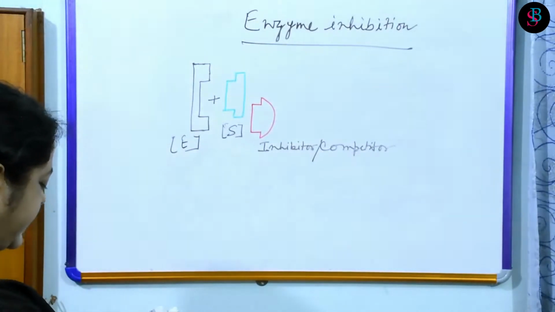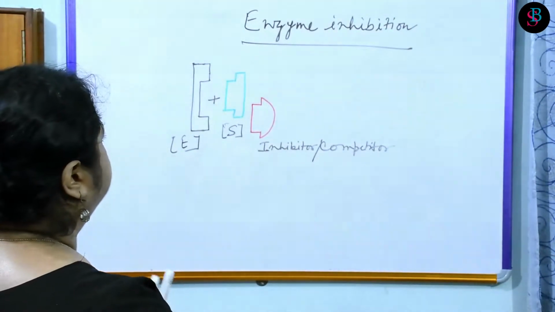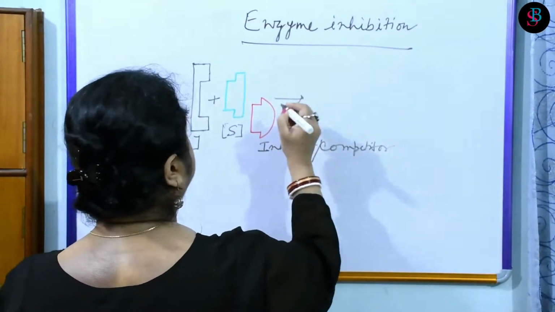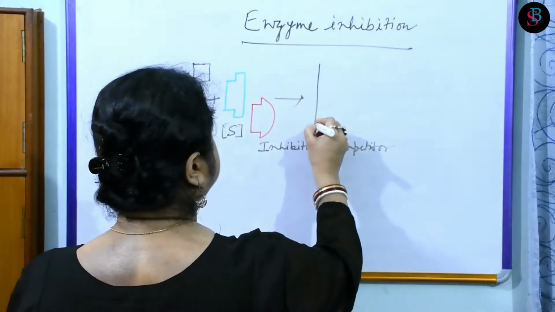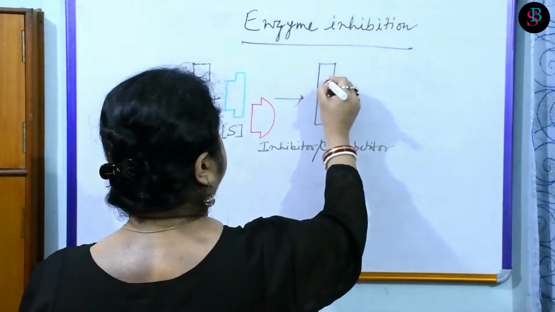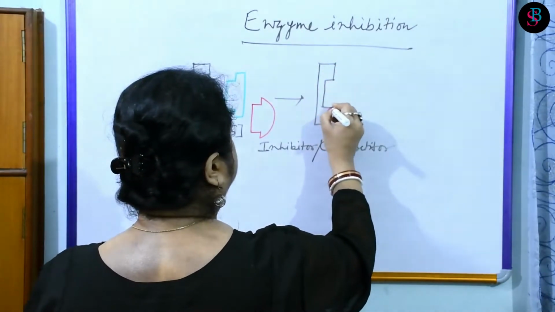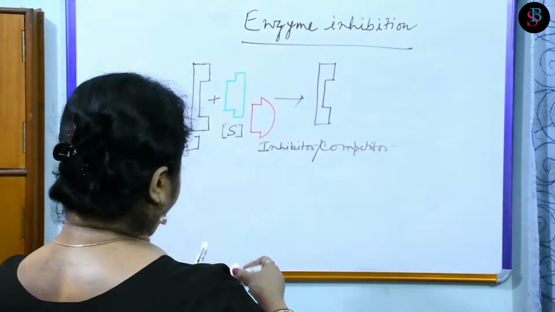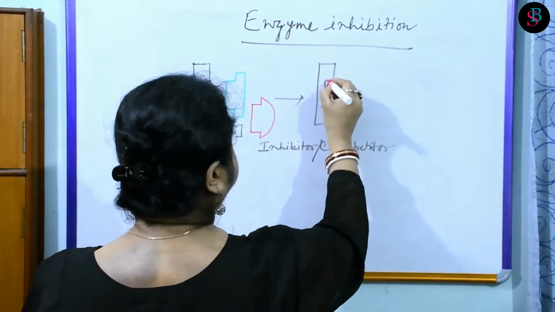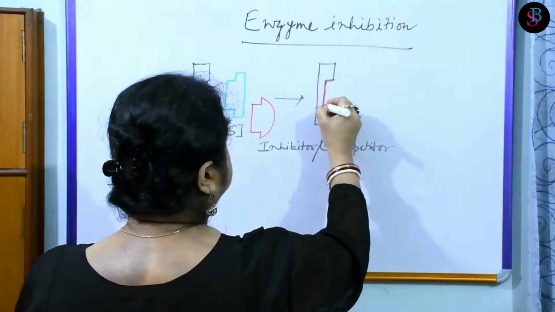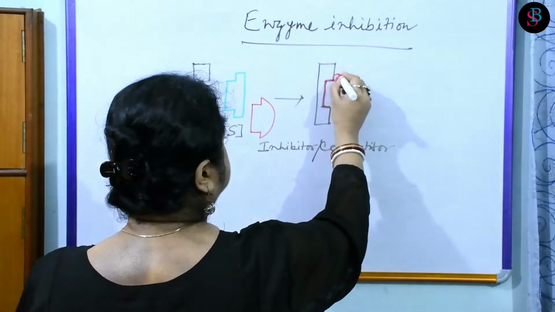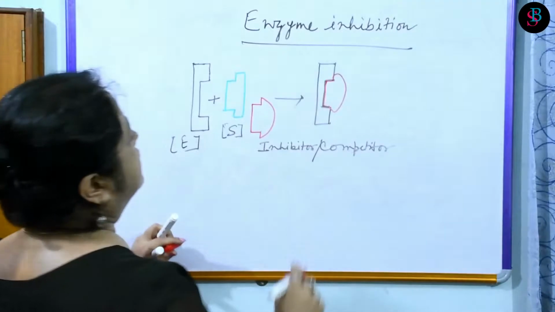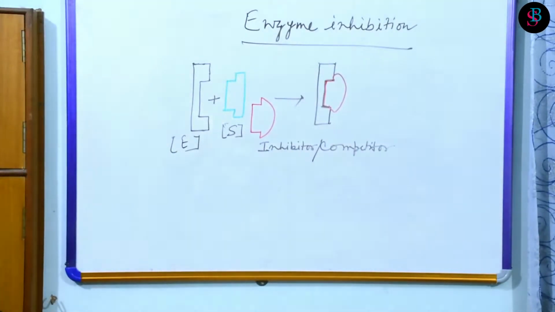So in that case, the enzyme's active site can be occupied by the inhibitor in this way. The enzyme will not understand that it's the competitor or inhibitor.